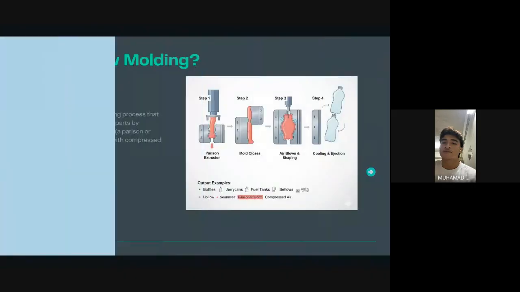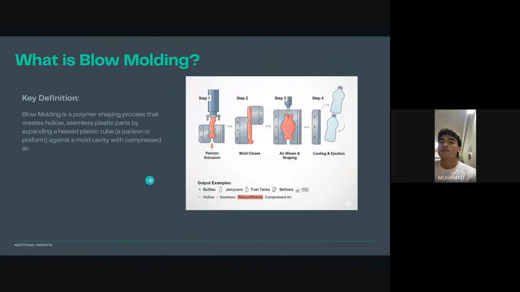Okay, what is blow molding? At its core, blow molding is very similar to glass blowing. The process begins with a heated tube of molten plastic, also called a parison, or a solid plastic preform.